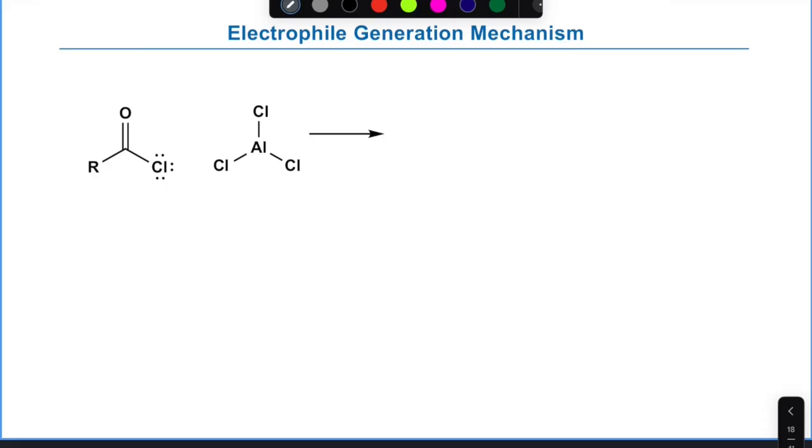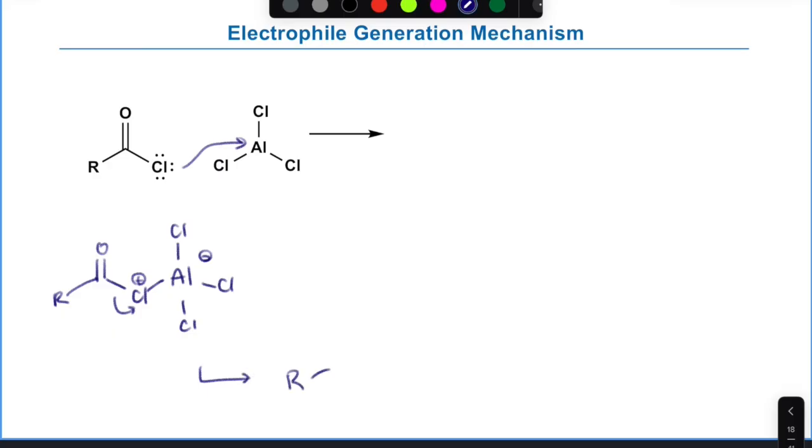So we're going to take this lone pair, attack the aluminum trichloride, and form this unhappy, positively charged halogen species, which will then go fully onto the Lewis acid, and we're going to form this resonance stabilized acylium ion.